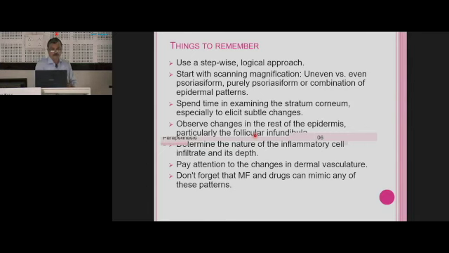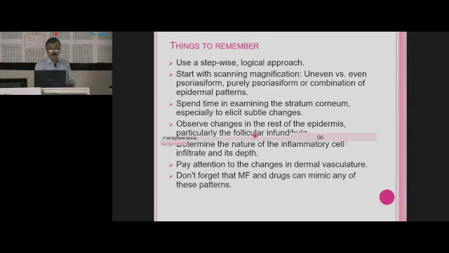Start with the scanning magnification for the distribution of the infiltrate and uneven or even psoriasiform hyperplasia. The purely psoriasiform or a combination of epidermal patterns can be noted. Spend time in examining the stratum corneum, especially to elicit certain changes like collection of polymorphs or other cells or some fungal bodies.